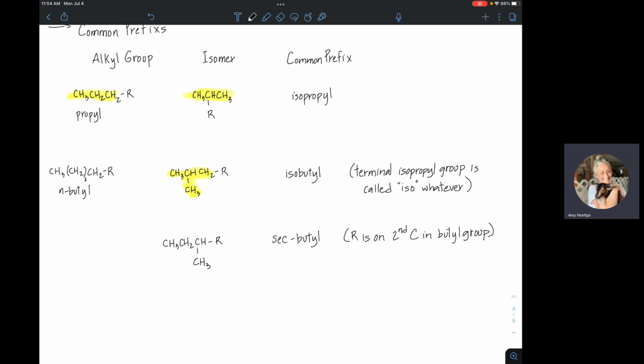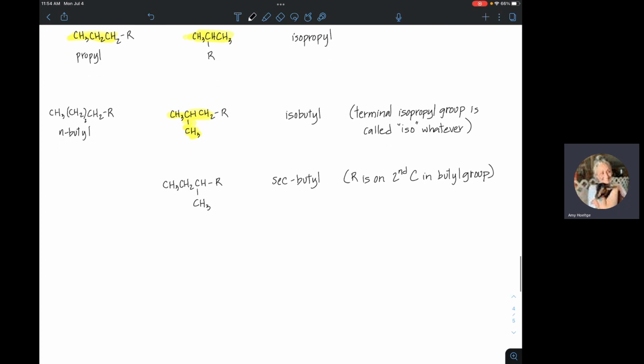And it could have been like a pentyl or a hexyl or whatever. And then we have, so let me highlight that. Your R group is now on that second carbon.